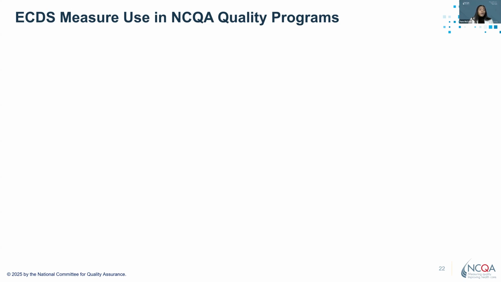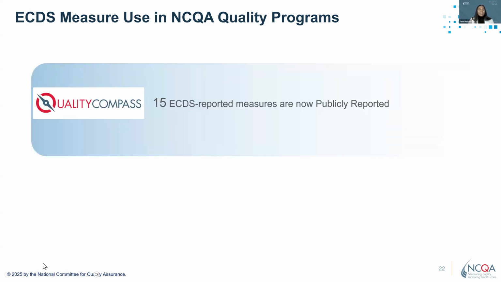And we do that through our own quality programs. So we actually have 15 ECDS measures that are now publicly reported and available in Quality Compass, which provides reliable health plan performance data and benchmarks. So very excited to now have, over time, really expand the number of measures that are available in this program.